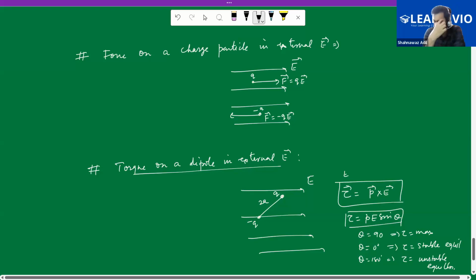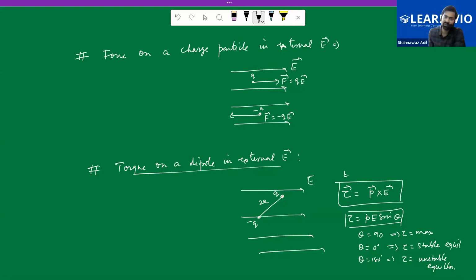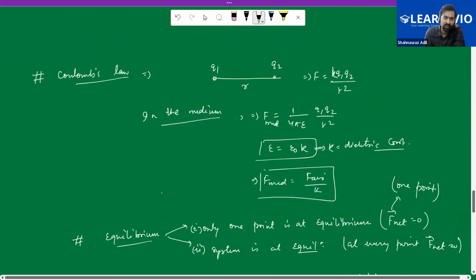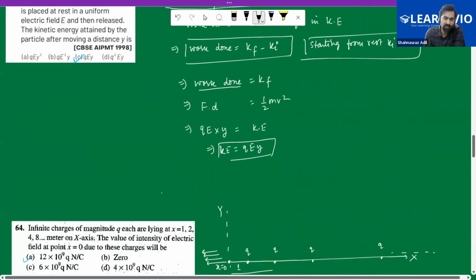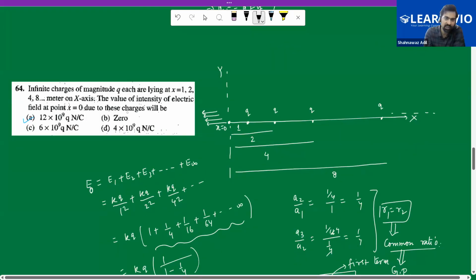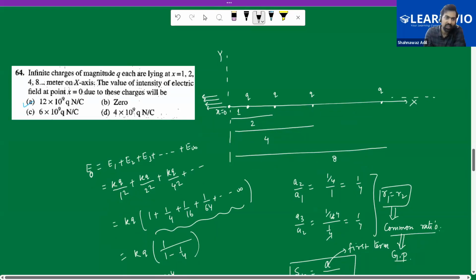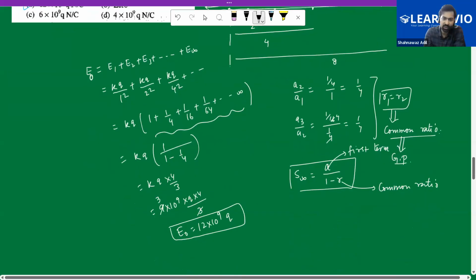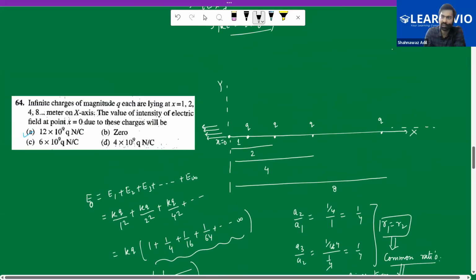So these are the concepts that we have done in the previous class. Now let us do some questions which would be helpful, right? What was the question that we were doing? This is the last question that we did. We calculated the electric field due to many charges, right? And then we found out what the electric field would be. Now let us take one more question from here.